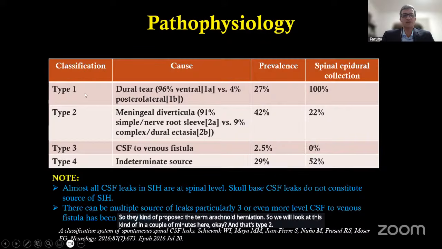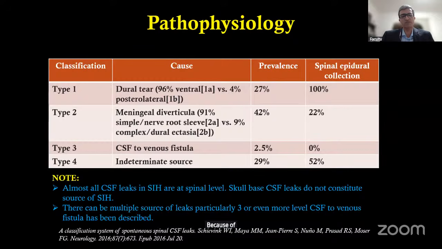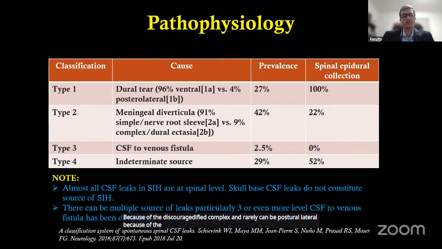Type 1 is more like a dural tear, usually ventral, because of the disc osteophyte complex, and rarely can be posterolateral because of osteophytes from the facet or ligamentum flavum ossification. They almost in 100% of cases have an epidural fluid collection, whereas in type 2, only about a quarter of cases can have an epidural collection.